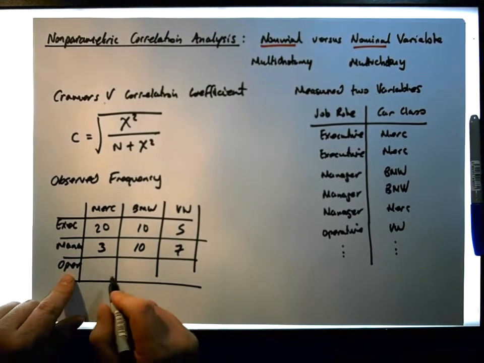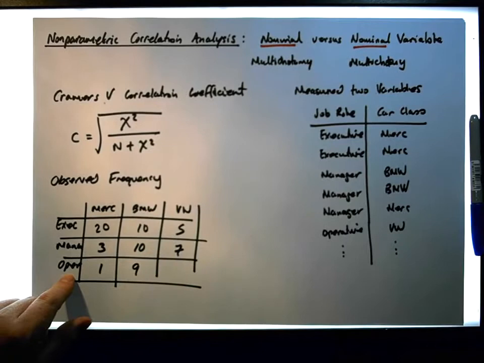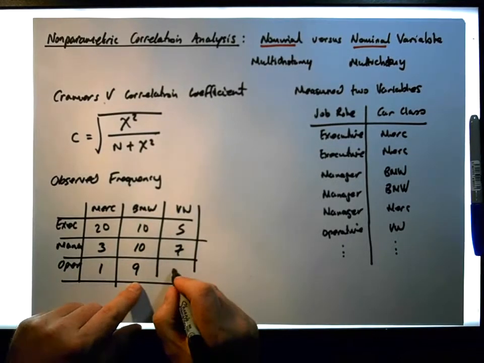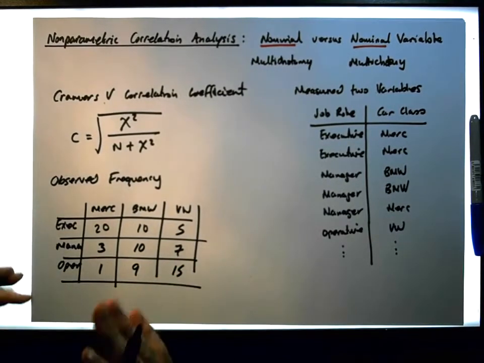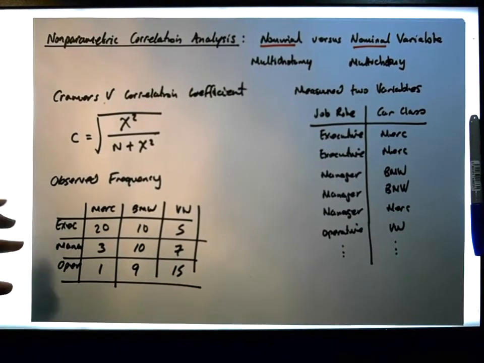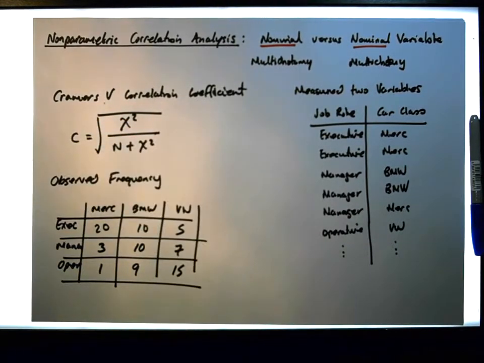For the operatives, let's say one operative drove a Mercedes, 9 drove a BMW, and 15 drove a Volkswagen. I'm staging this to show you that there is a relationship between job role and the class of car that you drive.